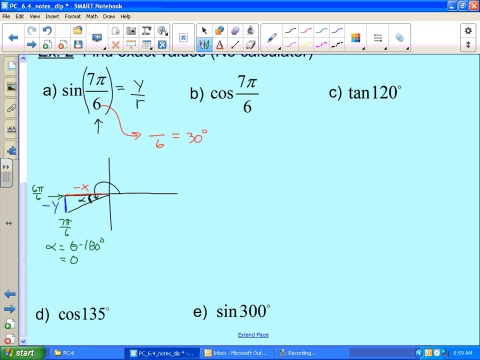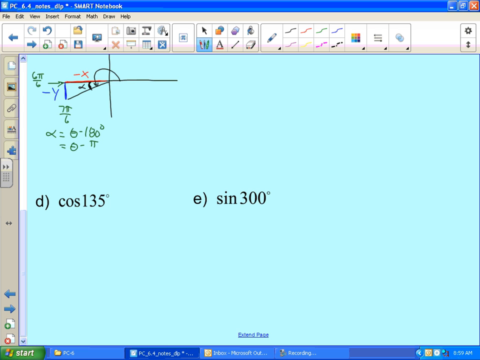So really we have theta minus 180 is pi. So our reference angle then is 7 pi over 6 minus pi, but we want to have common denominators, so we know that pi is the same thing as 6 pi over 6. And so now we have a reference angle of pi over 6.